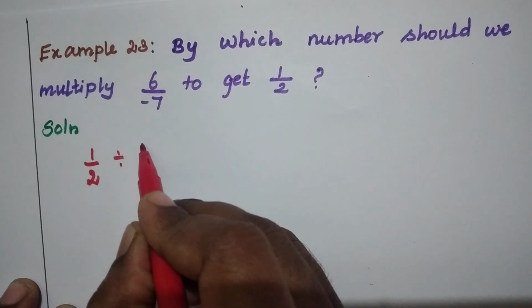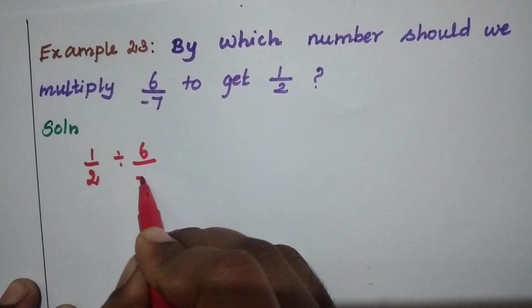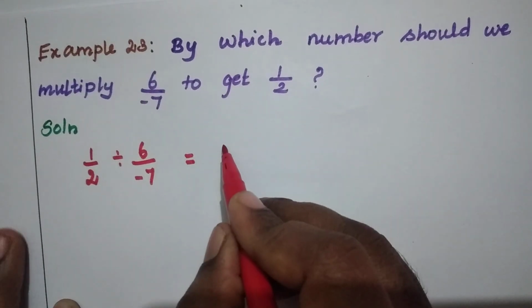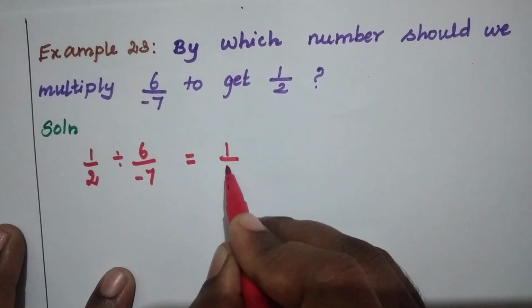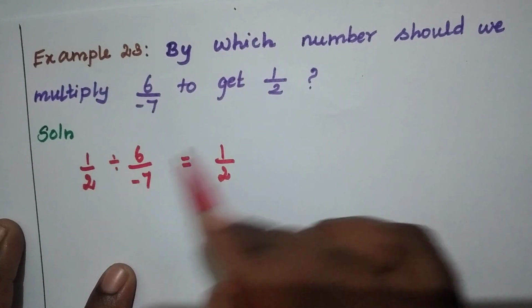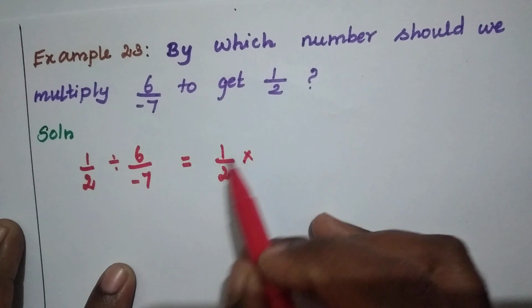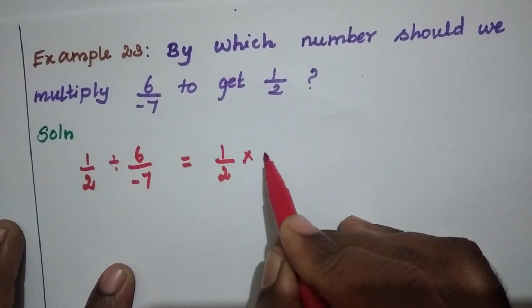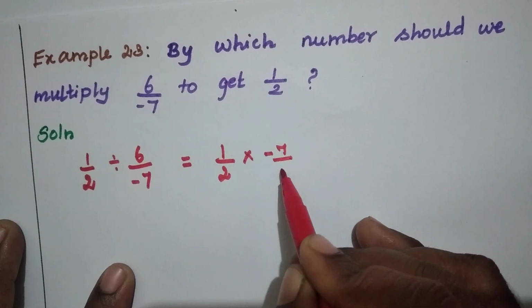divided by 6 by minus 7, which is equal to, write the first rational number as such, change this division symbol into multiplication and write the reciprocal of the second one, which is minus 7 by 6.